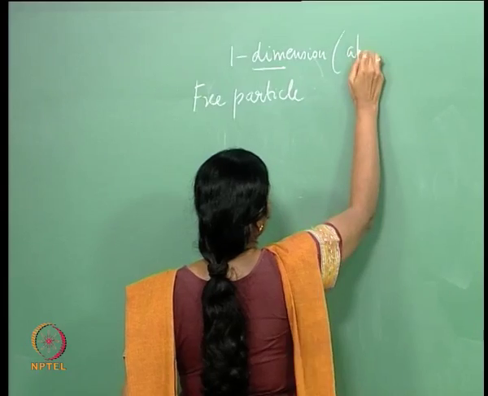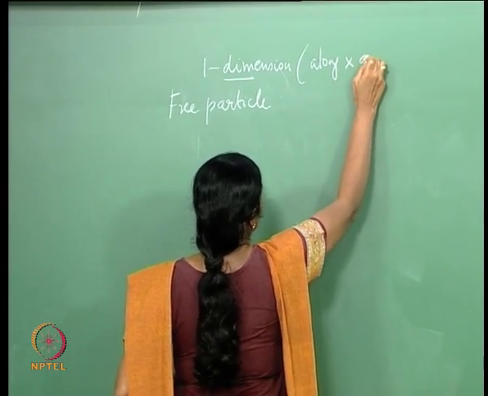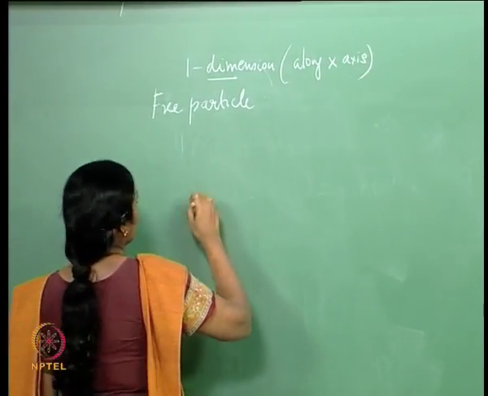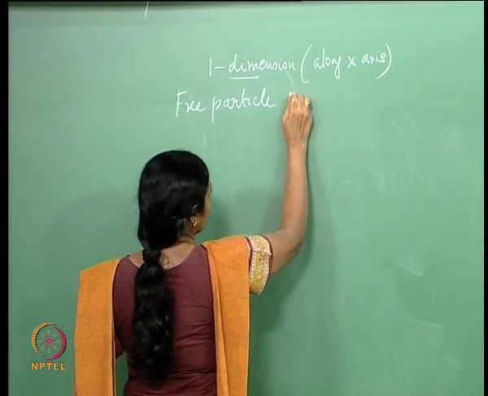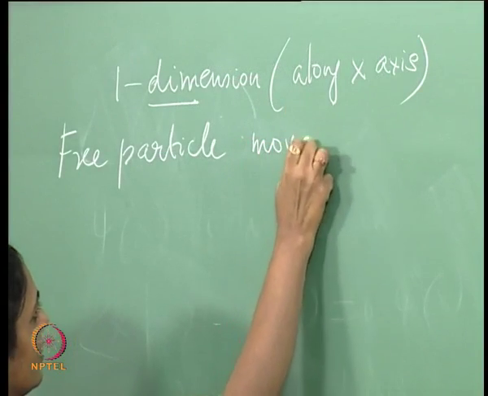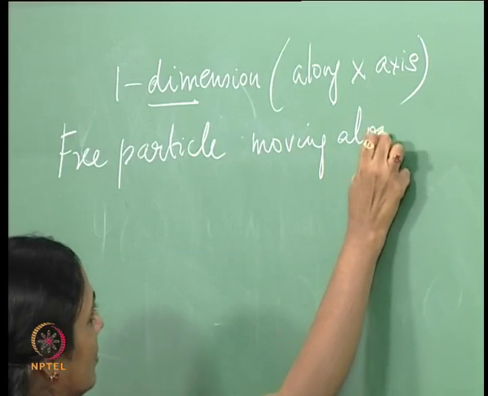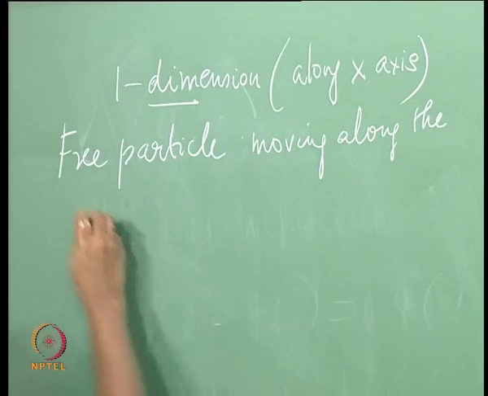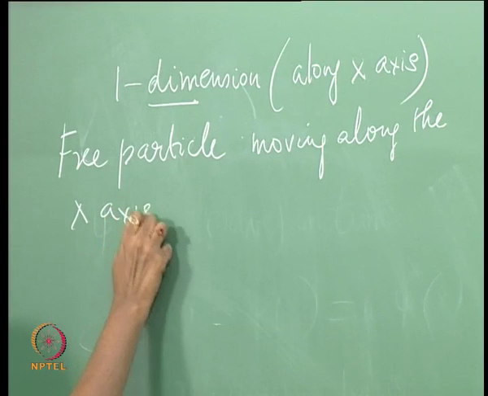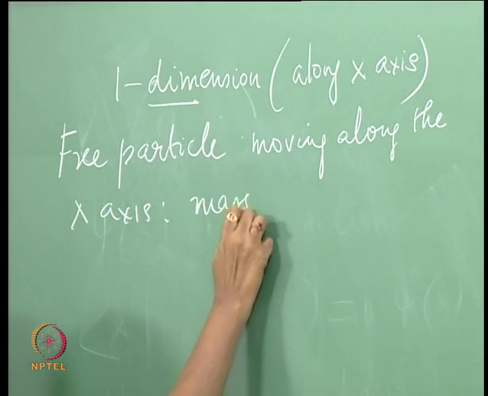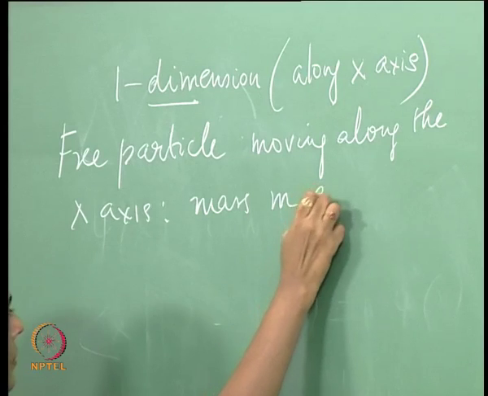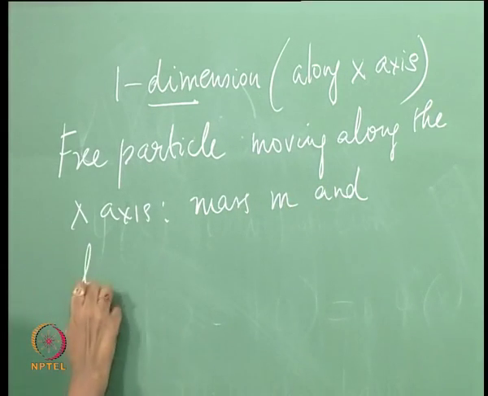So, a free particle moving along the x-axis, the mass is m and the linear momentum is p.